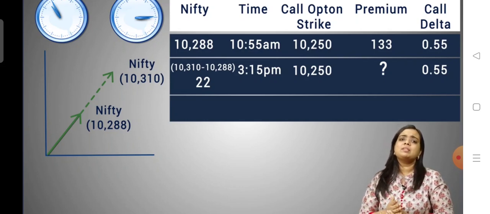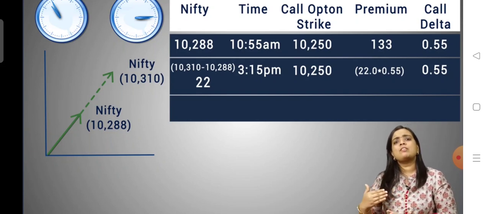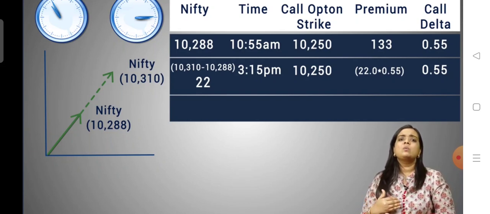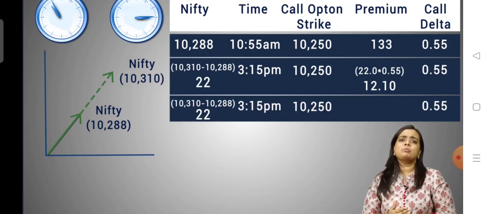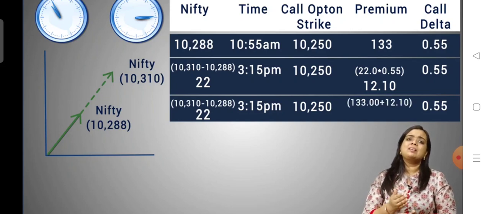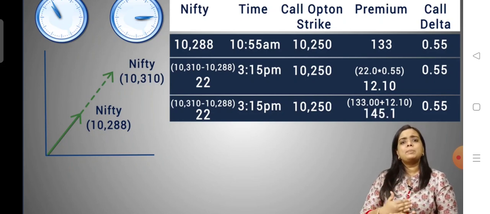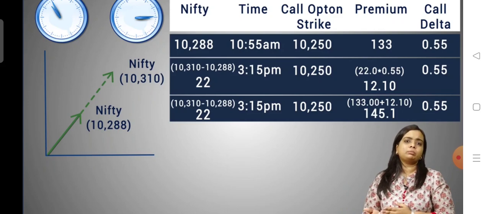Hence, the premium is supposed to increase by 22 points into 0.55, that is the delta, which is a total of 12.1 rupees. Therefore, the new option premium is expected to trade around 145.1, which is basically 133, the earlier premium, plus 12.1, the change in the premium.